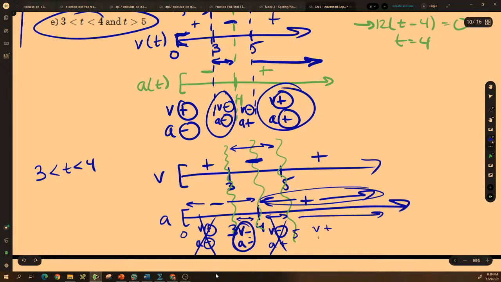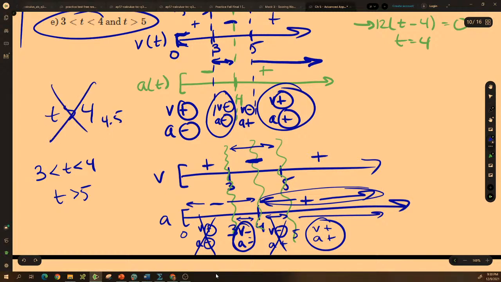My velocity is positive and my acceleration is positive. So that's the same sign again. So t greater than 5 works. So t greater than 4 doesn't work, because 4.5 wouldn't have worked. But also 3.5 does work. So it was between 3 and 4 and also greater than 5. Both of those different things work.